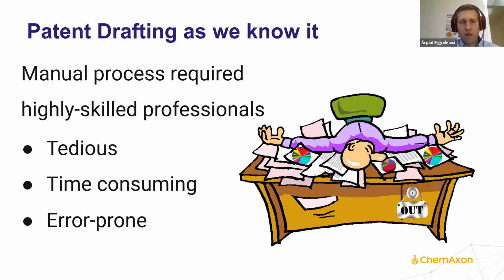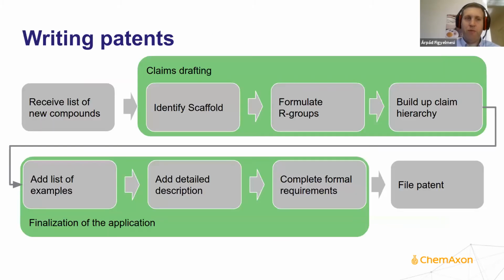And it is time-consuming when every minute matters, because you want to be faster than your competitors. And you may know that making any error during patent drafting can be super expensive, because your competitors can find a way of busting your patents, for example.